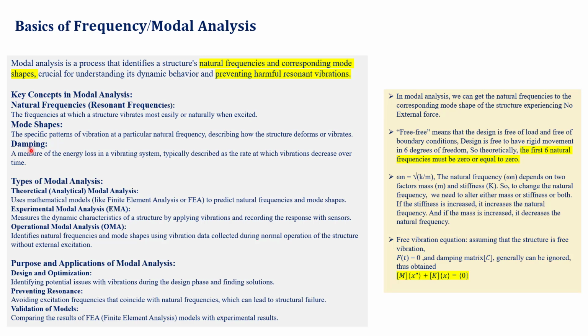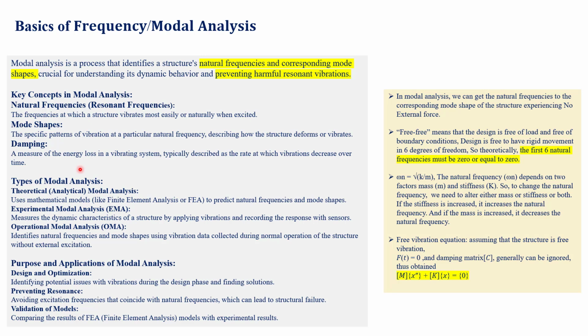Now the next point is damping. This is the measure of the energy loss of a vibrating system. You can consider a tuning fork itself. If you hit a tuning fork, it will vibrate for a certain time and then come back to the equilibrium state or normal state, right? Because of the damping.